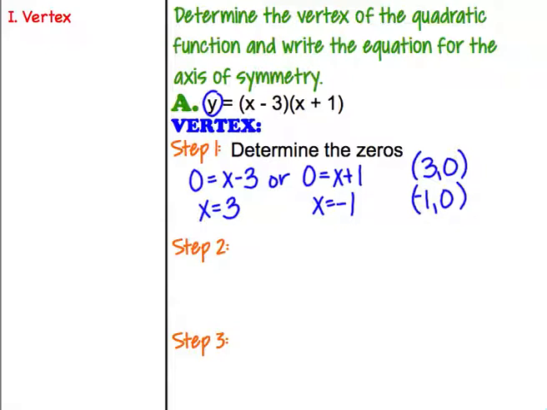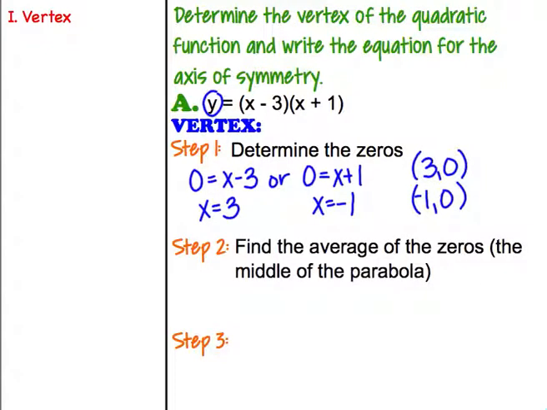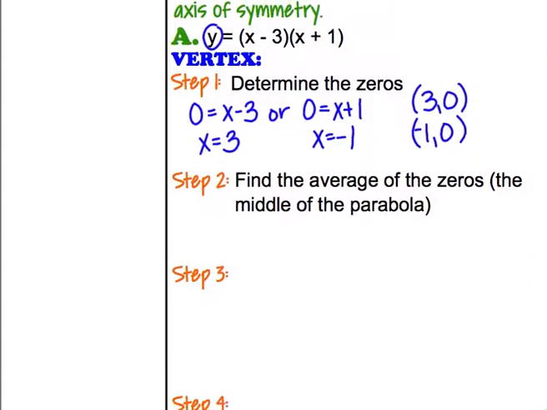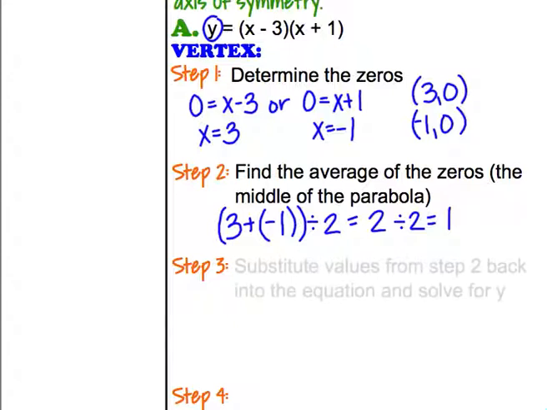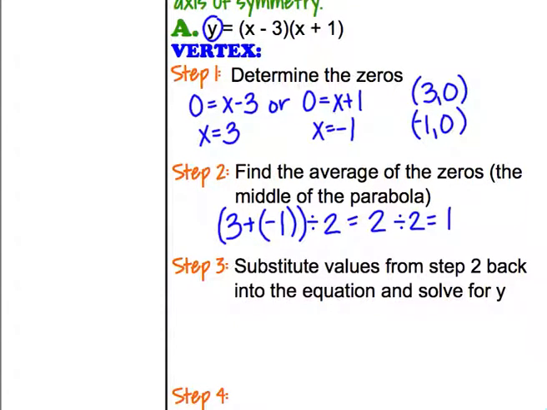The next step, once we've got our zeros, is to find the average of the zeros, which is the middle of the parabola. I've got an x value of 3 and an x value of negative 1. Finding the average is adding up your values and dividing by how many there are, which in this case is 2. 3 plus negative 1 is 2, divided by 2 is 1.